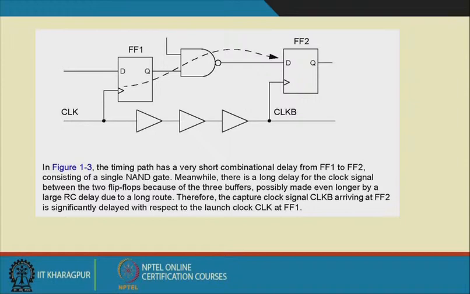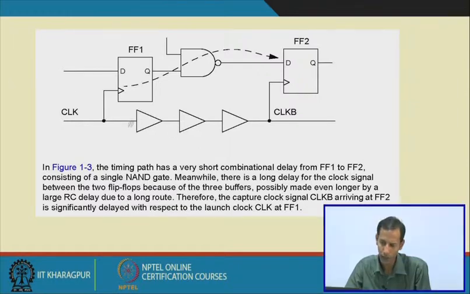So here you see that clock A and clock B are connected with the same clock, but clock A and clock B are different. Why? Because in between there are 3 buffers placed. But in this other path, only one NAND gate is there.